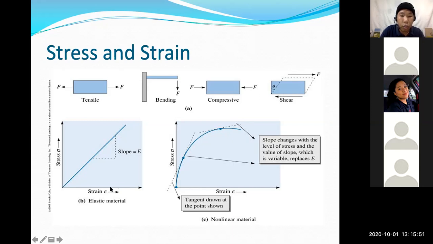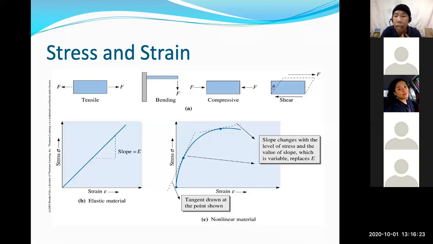And letter B shows the stress strain illustration of the elastic material. So you have here the slope, which is represented by the big letter A. And letter C here shows the stress strain diagram of a non-linear material.